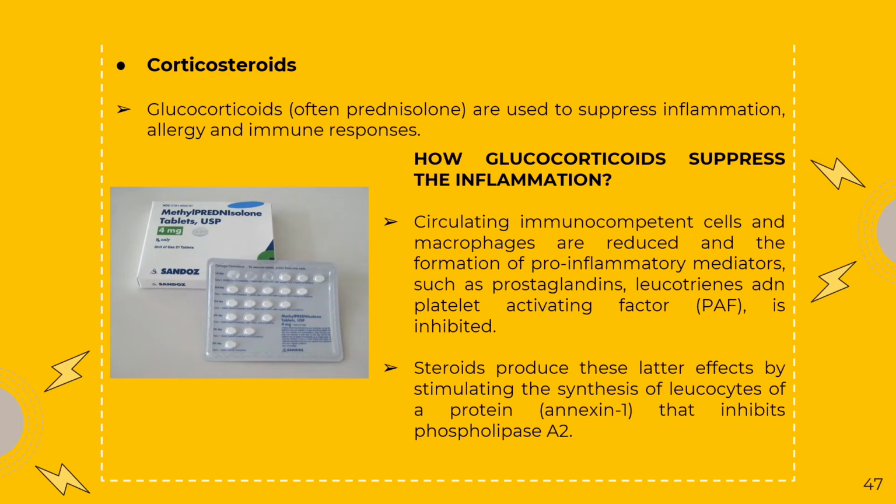Phospholipase A2 is an enzyme located in the cell membrane which is activated in damaged cells and is responsible for the formation of arachidonic acid, which is the precursor of many inflammatory mediators such as prostaglandin, leukotrienes, and platelet activating factors or PAF. And also, it will inhibit leukocyte infiltration at the site of inflammation, interfere with mediators of the inflammatory response, and suppress humoral immunity in autoimmune disorders such as rheumatoid arthritis.